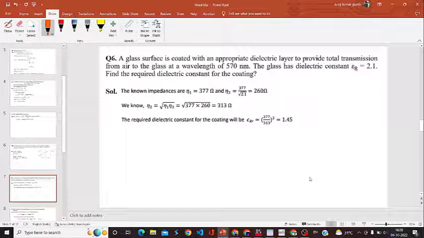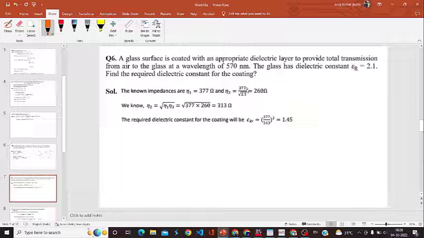We know that for air the impedance is defined as 120 pi, which is equal to 377 ohm, whereas the intrinsic impedance for the glass, for which the dielectric constant is given to us as 2.1, we can easily calculate.